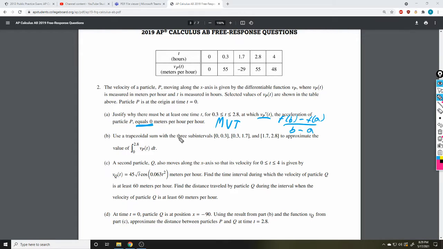Part B is asking you to do a trapezoidal sum. So remember that the area of a trapezoid is h over 2 times base 1 plus base 2.